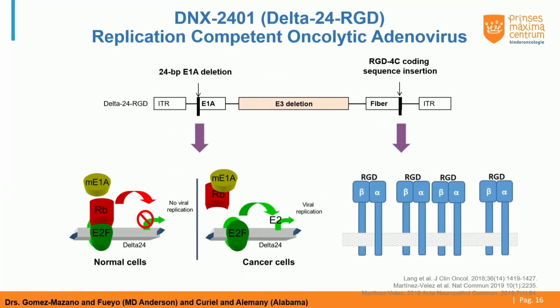One of the most studied in brain tumors is DNX2401 or Delta-24-RGD, and this is modified, and one of the modifications is the E1A deletion, that makes the virus selectively infect cells that don't have an intact RB pathway, and cancer cells most likely don't have this intact pathway, and therefore it can only replicate in tumor cells.